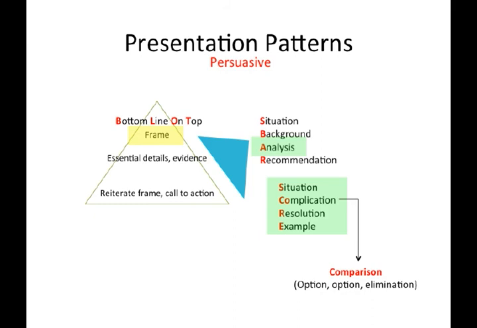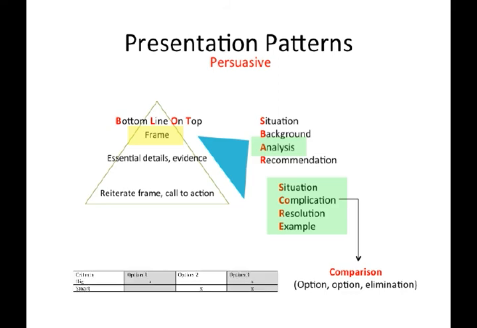Additionally, when you're using the SCORE process, one strategy to consider during the complication aspect to demonstrate that you've done your research is using comparison. So taking the option elimination pattern and putting it in to complicate the situation. This structure allows you to demonstrate research or compare options in a way that's easy for your audience to follow.